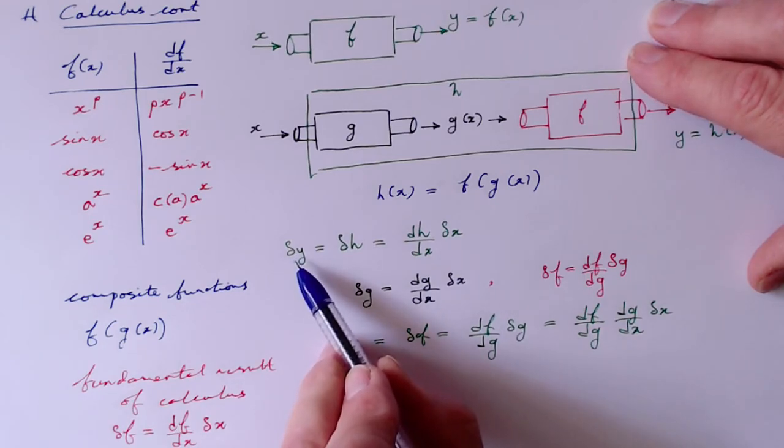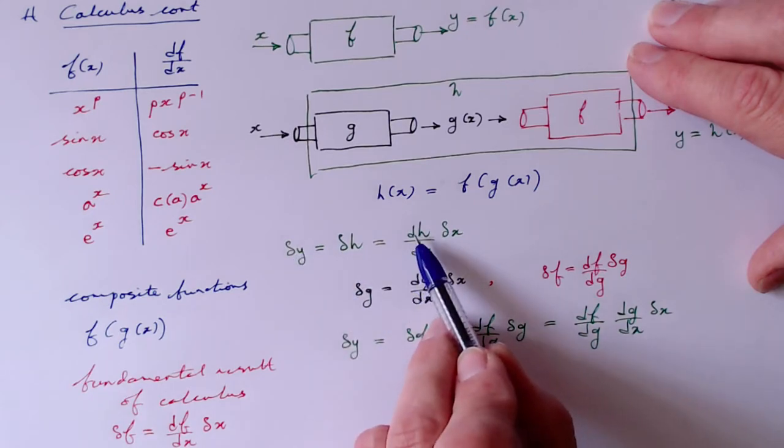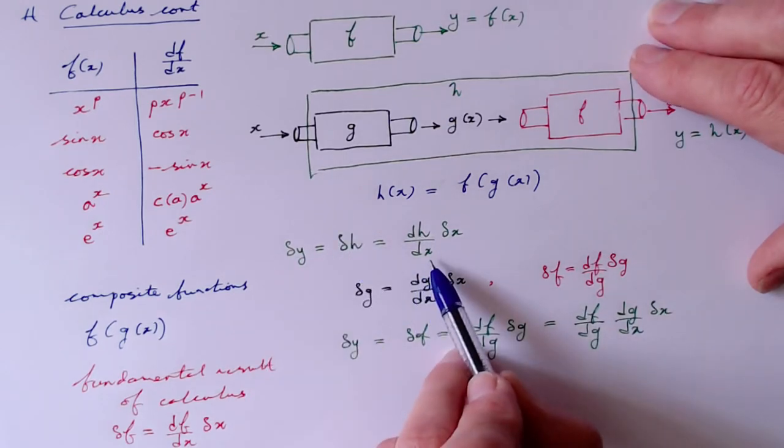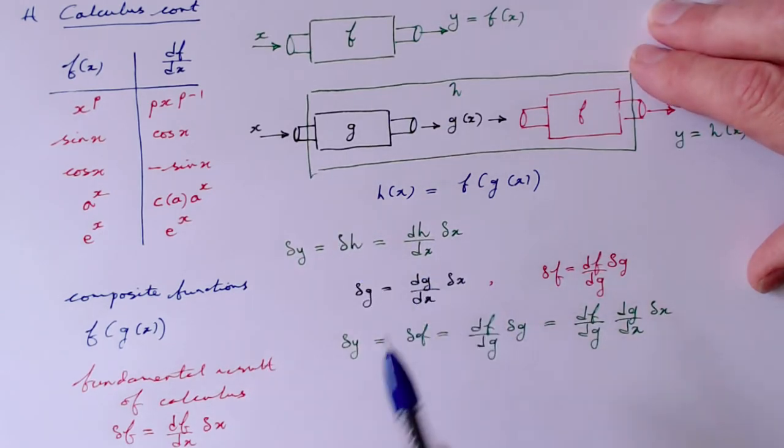This one, looking at the larger green box, tells us that the change in the output is the derivative of the composite function with respect to x times a change in the input.